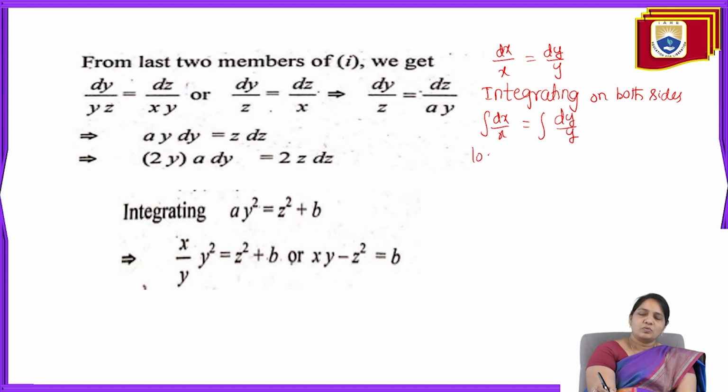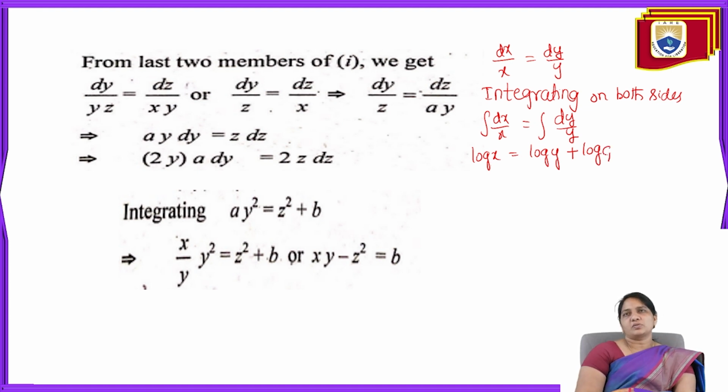So log x equal to log y plus some constant. Both terms are log, so that's why I am taking the constant in terms of log. So I can write this as log x minus log y equal to log c1.